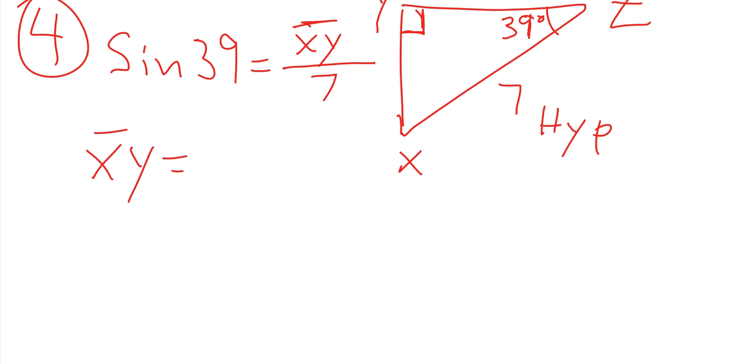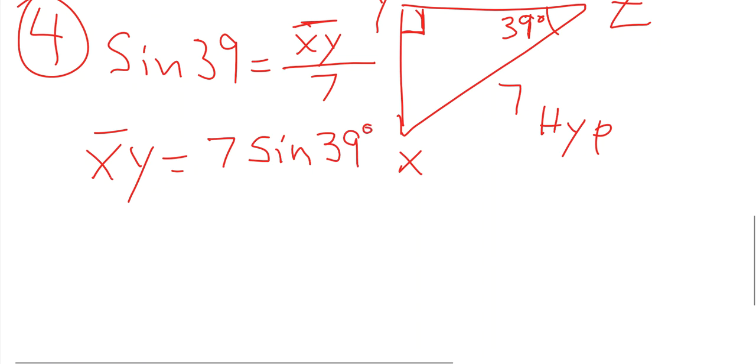And then I take 7 times sine of 39 degrees. That's how we get xy. So what does it come up to be? We have to go to our calculator and work this out. So it's pretty direct.